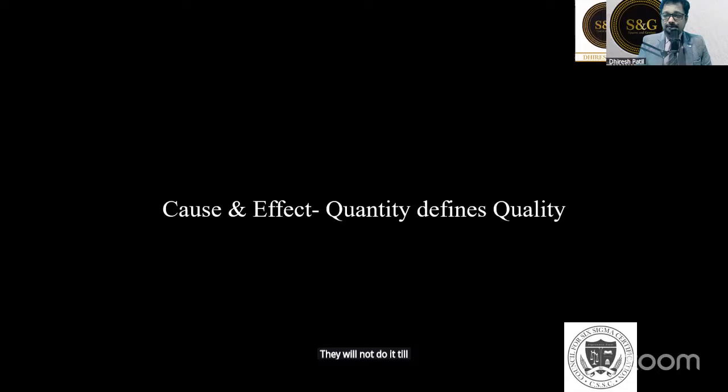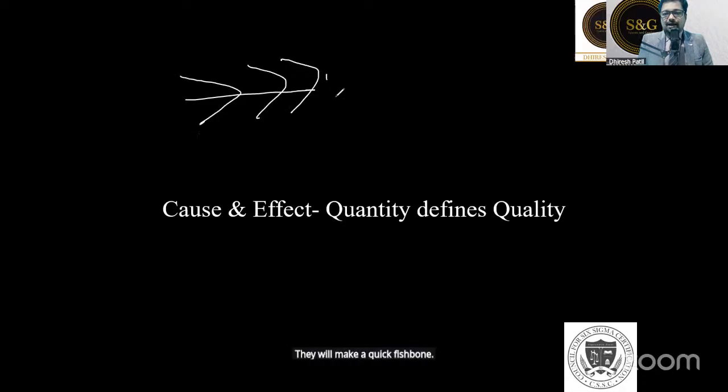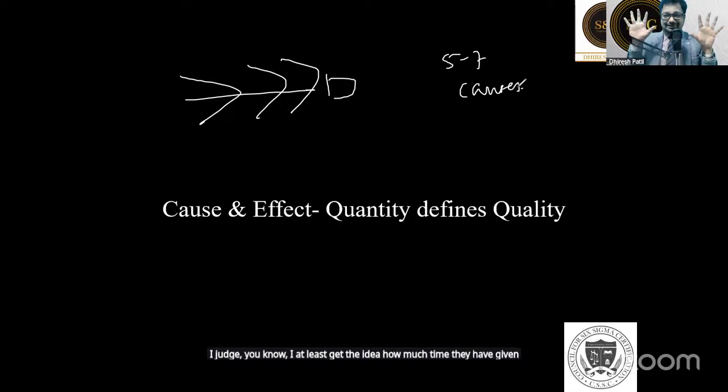It's absolutely possible, right? So a lot of people, as I said earlier, you send them the invitation email and ask them to fill up the cause and effect. They will not do it till the last moment. And before the meeting starts, they will make a quick fishbone, and add 5 to 7 causes just for the namesake and send it to you. Now, from the quantity, I at least get the idea how much time they have given on this.